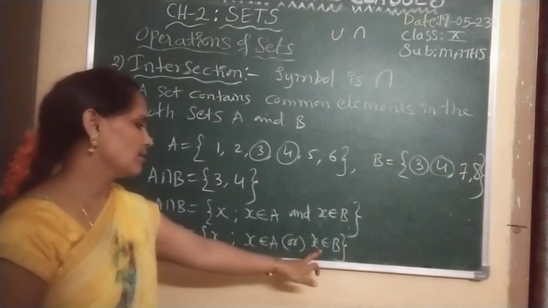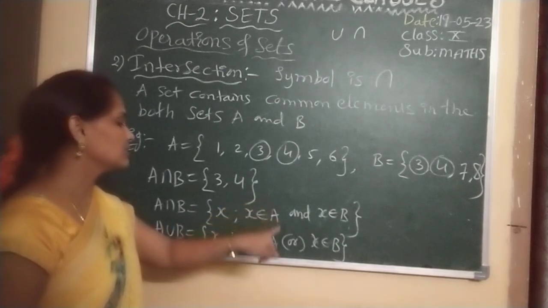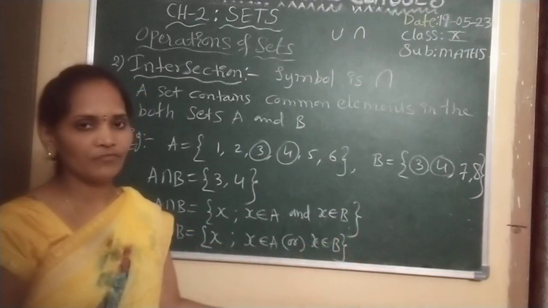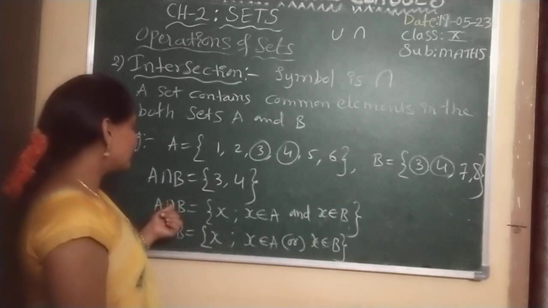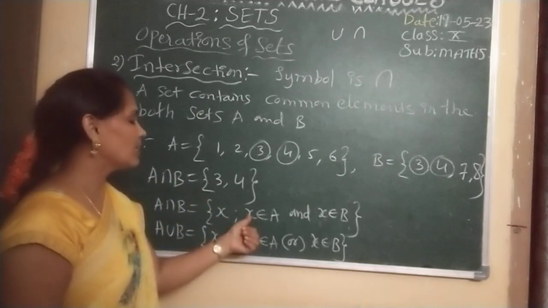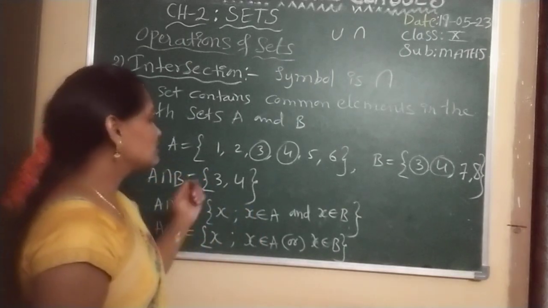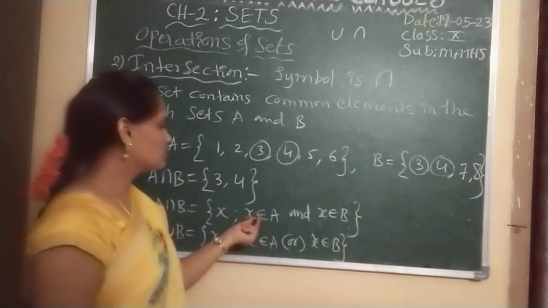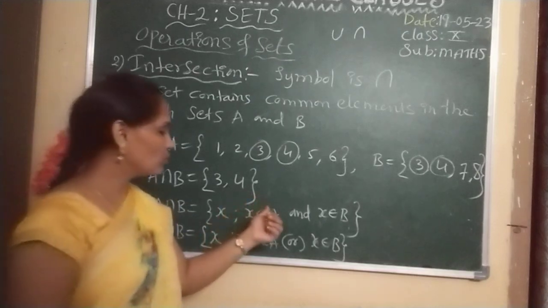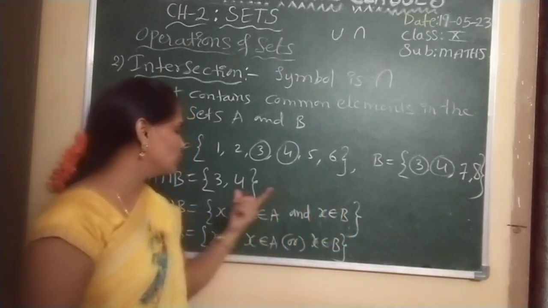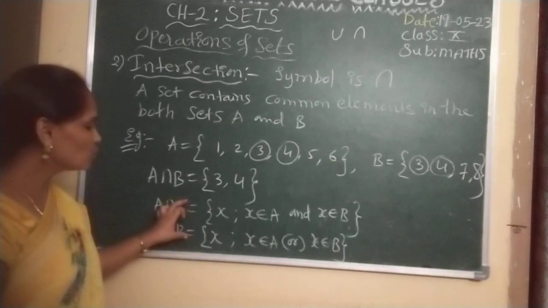Union means that the element should be in A or B. If it is in any one set, we can take that number. But in the intersection case, the element should be contained in both the sets: X belongs to A and also X belongs to B. In both the sets it should be present, then only we can take it in A intersection B. Okay, these 2 points remember.